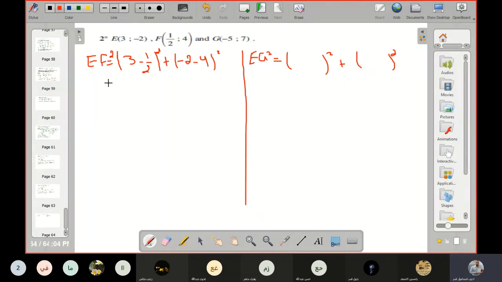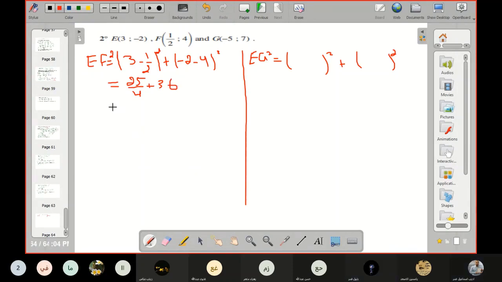Correct. 3 minus minus 1 over 2 is 2.5, which means 5 over 2. 5 over 2 squared is 25 over 4. Minus 2 minus 4 is minus 6, squared is 36.